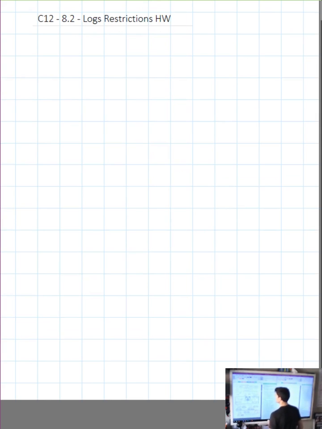Okay, let's see some more restrictions. Log base 3 of x squared equals 2. So I'm actually going to solve this equation. So the thing I'm logging is equal to the base to the other side.